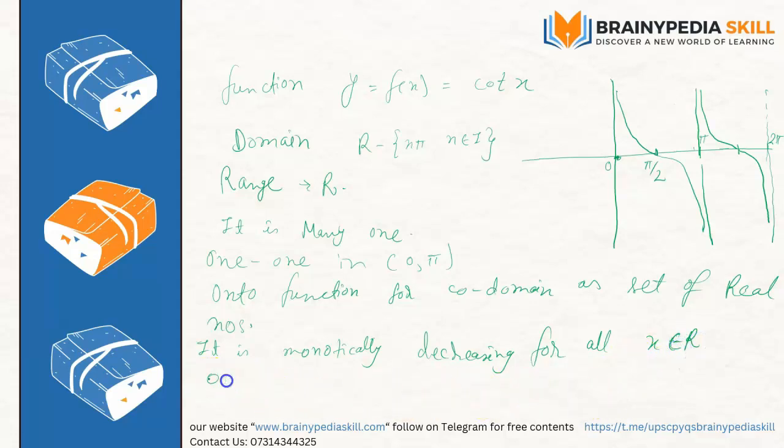This is also an odd function, and this is also periodic with period pi. Okay, this part is clear to everybody, I guess. Now next, in the similar manner, we need to learn about secant function and cosecant function as well.